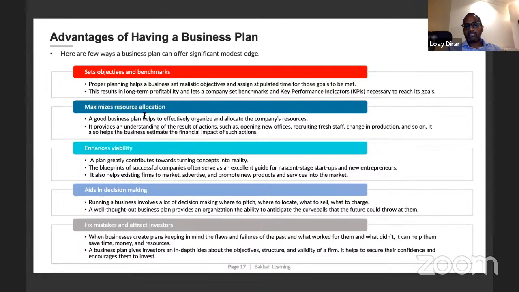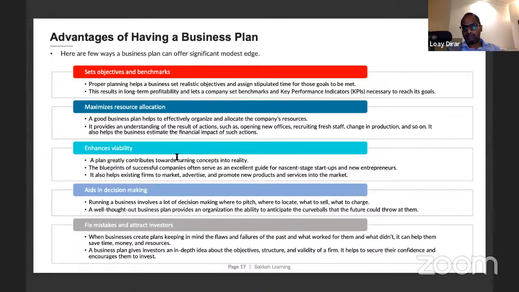Number two in the list is maximize resource allocation. A good business plan can help to attract money, and money is one of the resources that you definitely need to make sure is available at the beginning, because once you get the money, you can buy or get the rest of the resources.